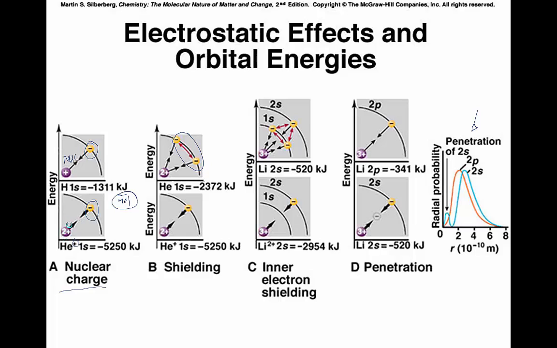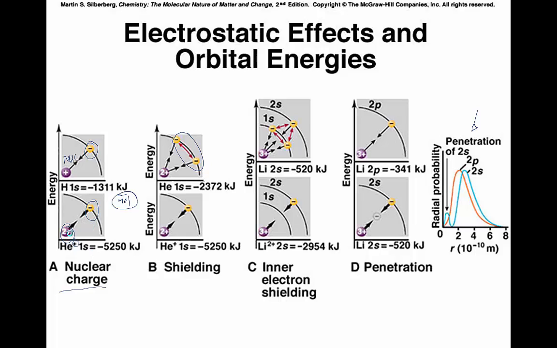And so since this charge is bigger, we're going to have a stronger force on this electron, and that makes the energy a lot lower, right? So we've gone from negative 1,311 to a much lower, much more stable energy of negative 5,250 kilojoules per mole. So this is more stable, so we can see the effect of nuclear charge.